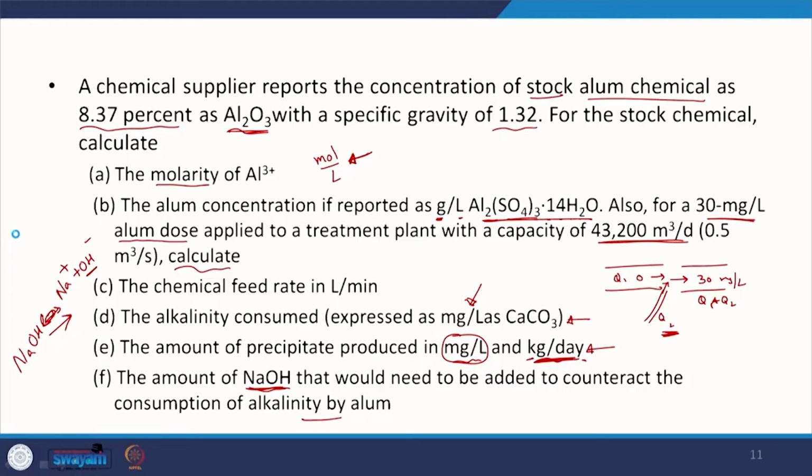So, let us get this done or look at it in a bit more detail. What is the first aspect? Molarity of Al3 plus. I want to be able to calculate Al3 plus molarity. For that, I need to know how many moles there are of Al3 plus per liter of my water, 1 liter of my solution. For this, obviously, I need to know molecular weight. What would molecular weight give me an idea about?